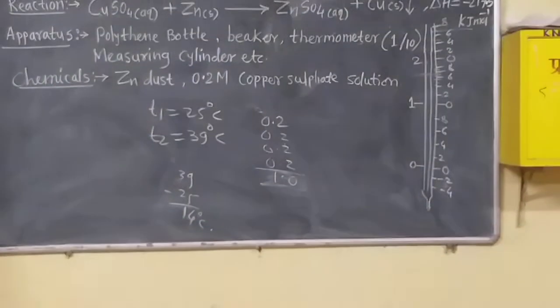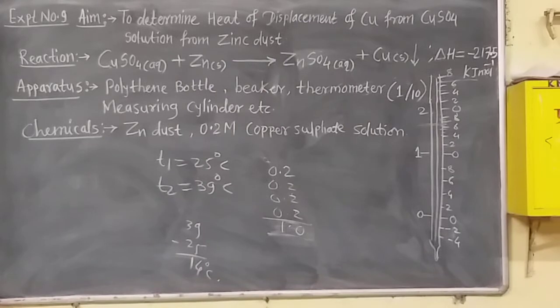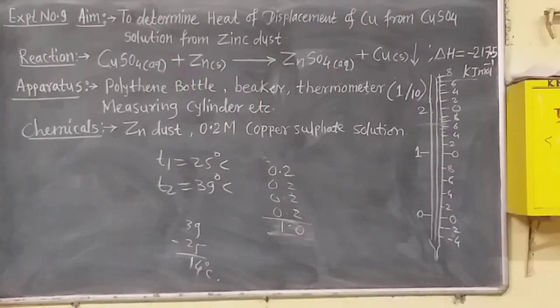These are the practicals of thermochemistry, and these are for 8 marks in the examination. But there will again be a 2 mark practical, because this is the third question, 8 marks, and the third question is also of 10 marks.